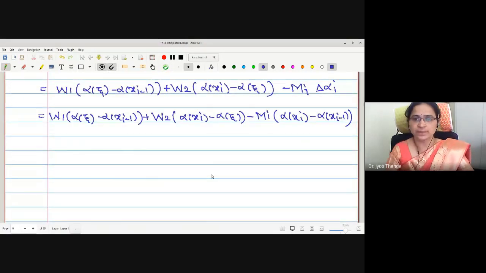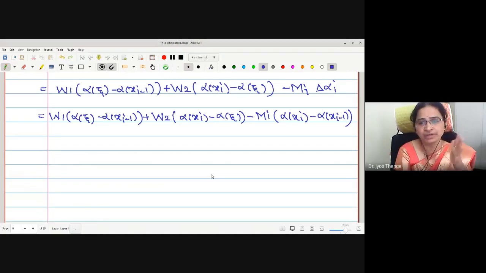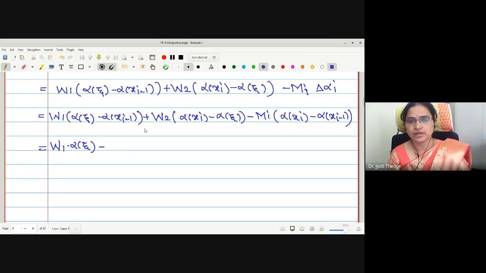Now, next step. This proof goes very parallel to the proof we have completed in Riemann integration. If you remember, you can tell me what is the one term we have adjusted in order to get the required result. One term we have added and subtracted. If anyone remembers, you can tell me. One adjustment we have made. For the time being, let me multiply by the terms W1 and W2 in the brackets.